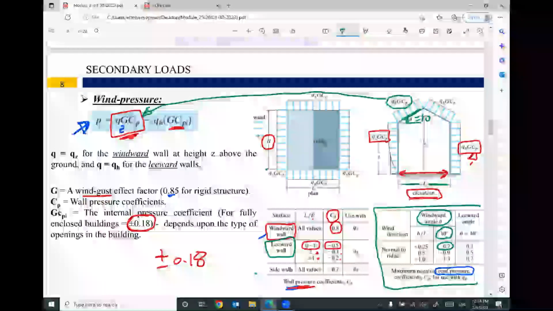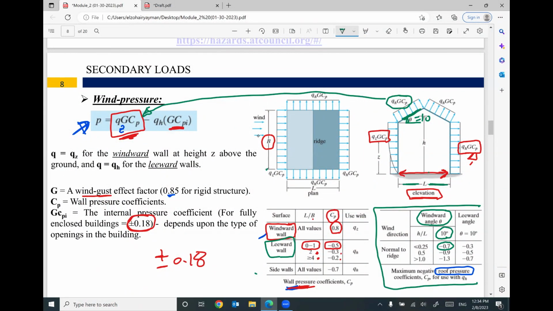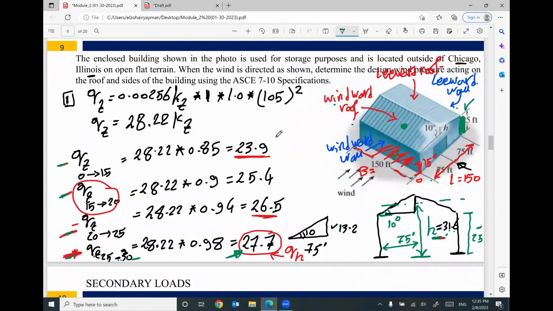What is the meaning of H? The height of your building, which is around 31.6 feet. Your L, which is the length of your building, 150 feet. This is your height, 31.6. This is your value of L, 150 feet.